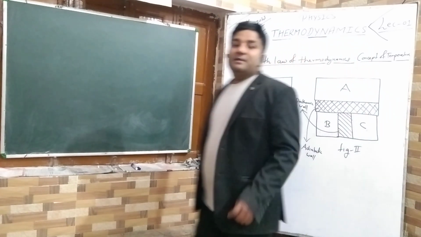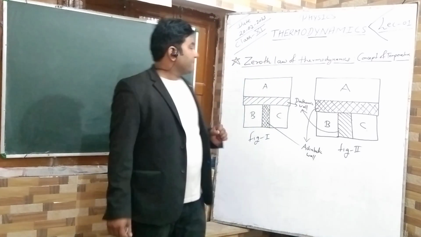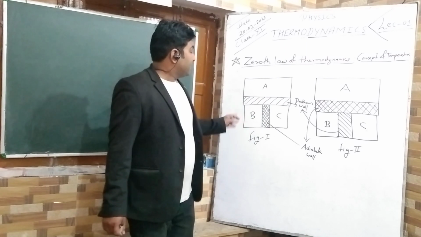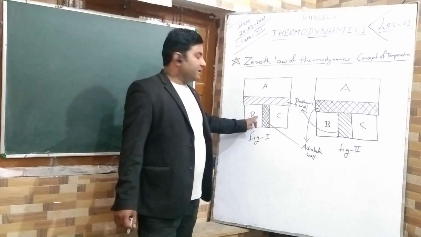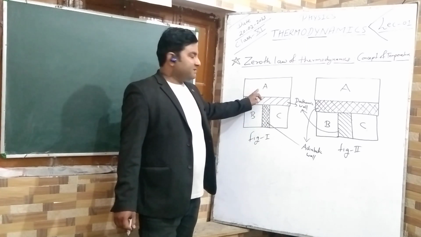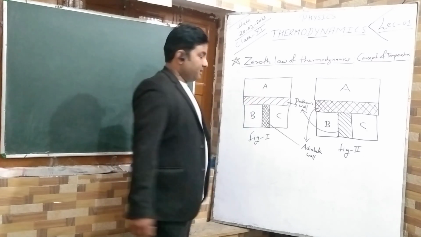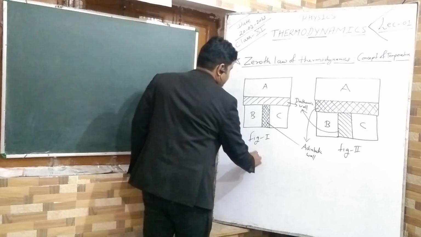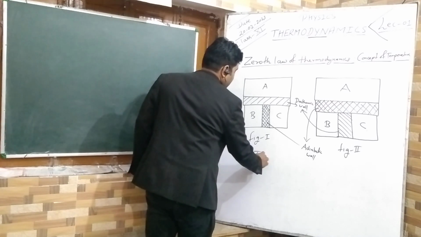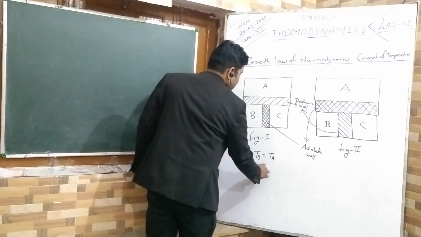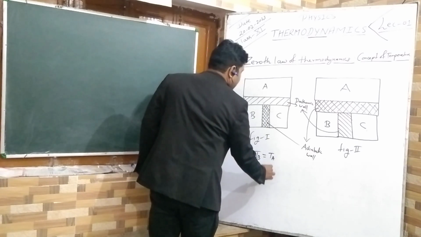It means just after some time, when bodies A, B and C are arranged in this way, the temperature of body B equals the temperature of body A, and the temperature of body C is equal to the temperature of body A. It means what?